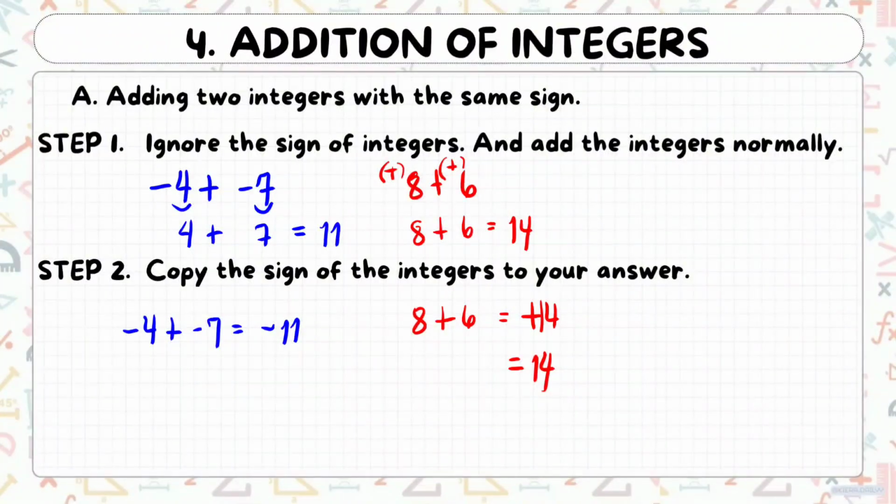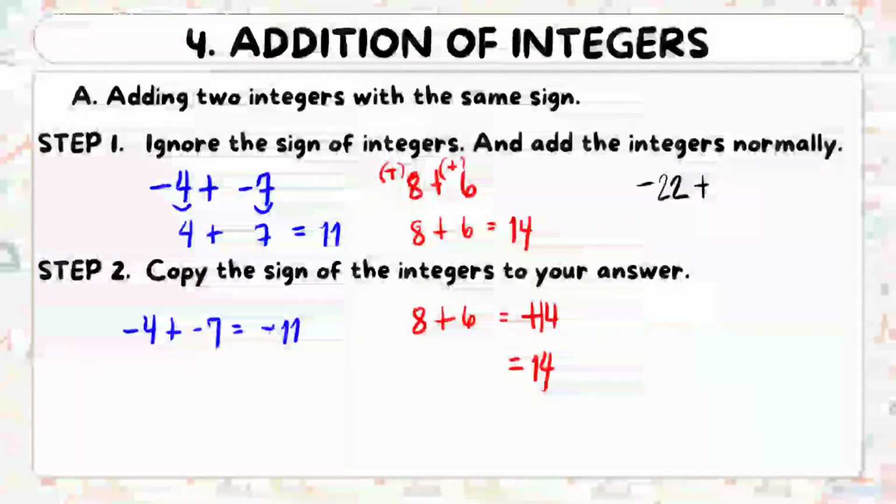We have another example. Last example. Let's have -22 plus -15. When we put a negative, we could also use some brackets to separate it from the symbol of operation, the plus operation or the minus operation. So we have -22 plus (-15).